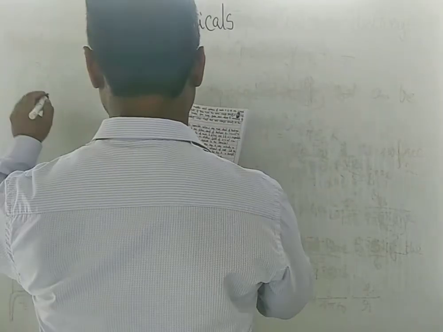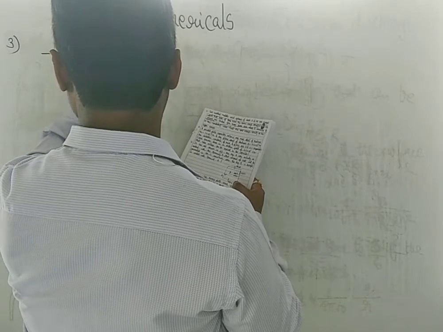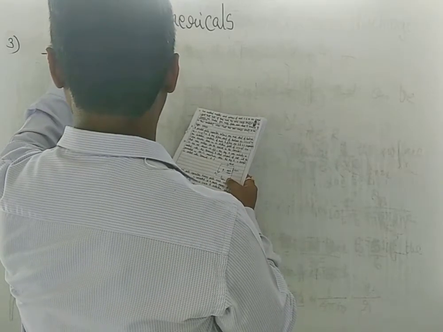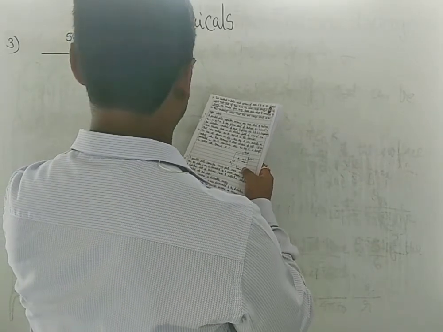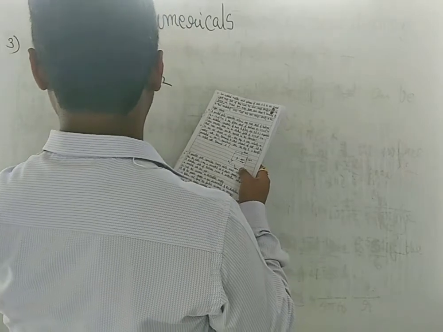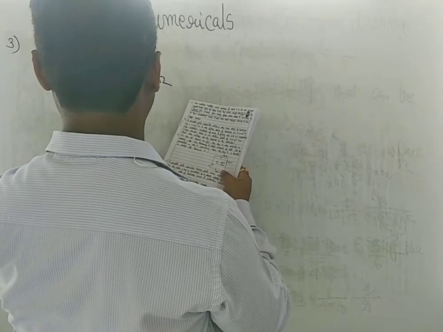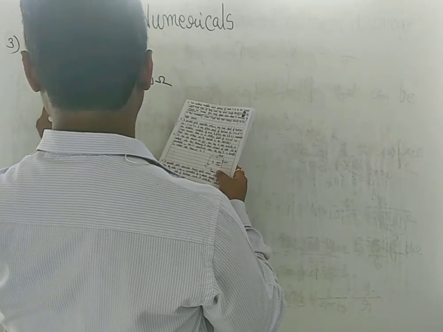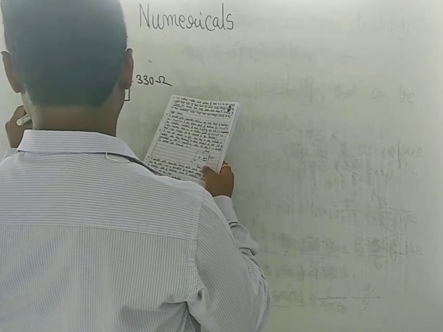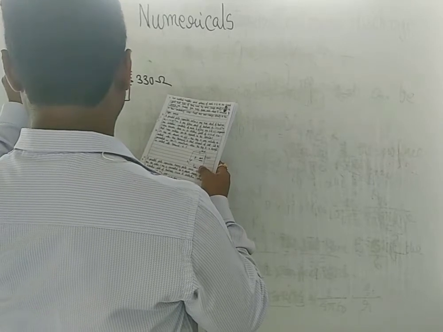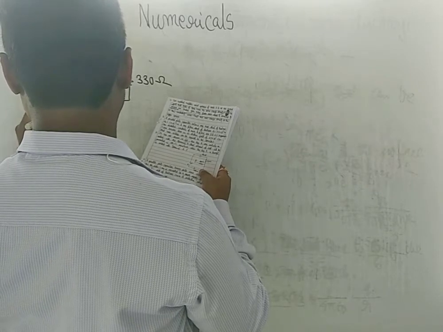So in the diagram given in the question, here a capacitor is there of capacity 500 microfarad, and a resistance is connected here of value 330 ohm, and here we have a resistance of 500 ohm, and this is the terminal B. Now there is a key, and this end is connected with this key like this.